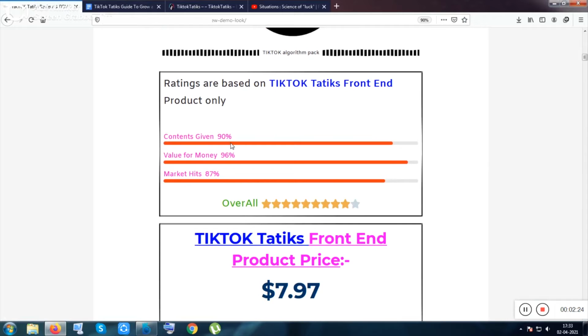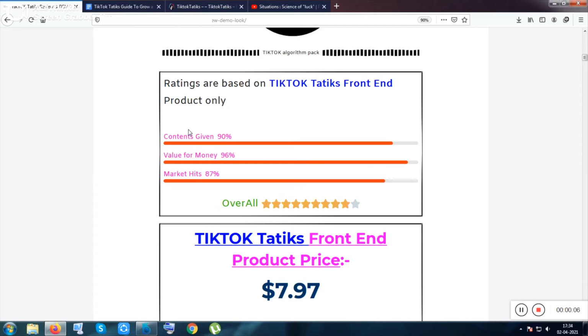Inside content, it has got 90% because this is an ebook product. There is no other reason to give it a lesser rating. The only reason is that it's an ebook, and people are more prone to watch videos these days. If you are okay with an ebook, then the rating should be higher and this product will be really suitable for you.